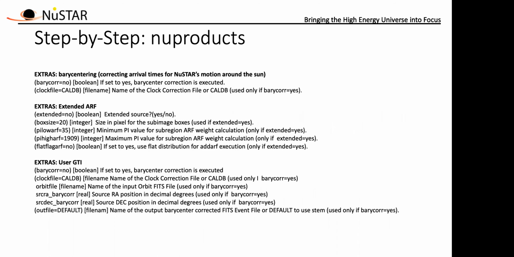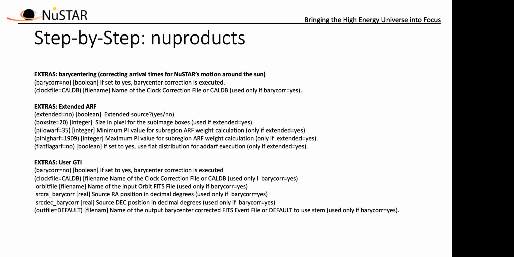Okay, so with nuproducts, there are some other things: extended ARFs, for extended sources. If you have an extended source and you want to apply an effective area to that, you have to use the extended ARF feature. There you have to set, again, the energy range you want to apply it to.